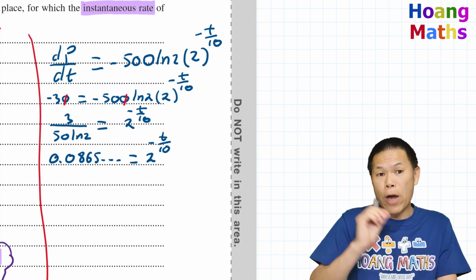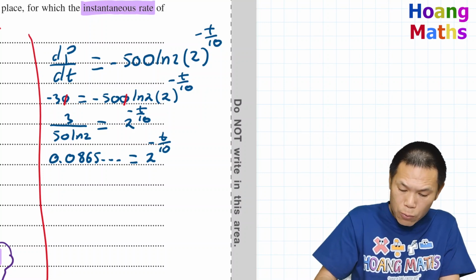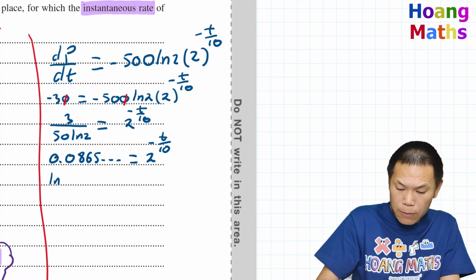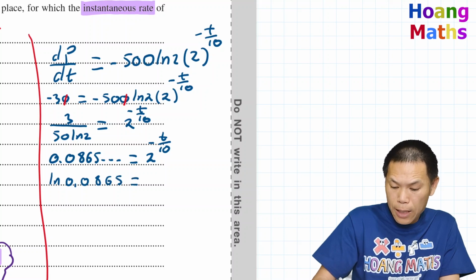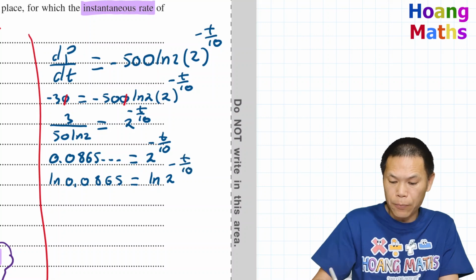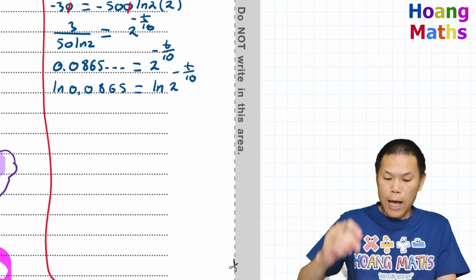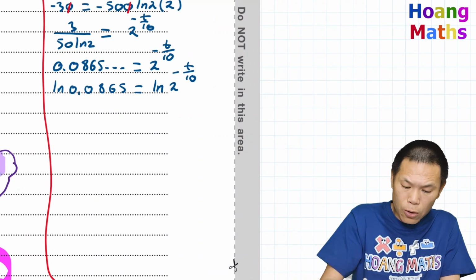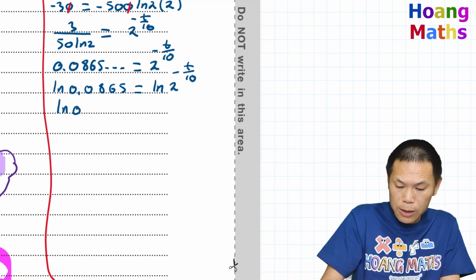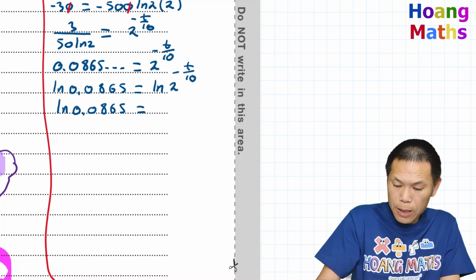So if I take ln on both sides, that will give me ln of 0.0865 is ln of 2 to the negative T over 10. So what I can do, I can bring the negative T over 10 down by using the log law. So that becomes negative T over 10 ln of 2.